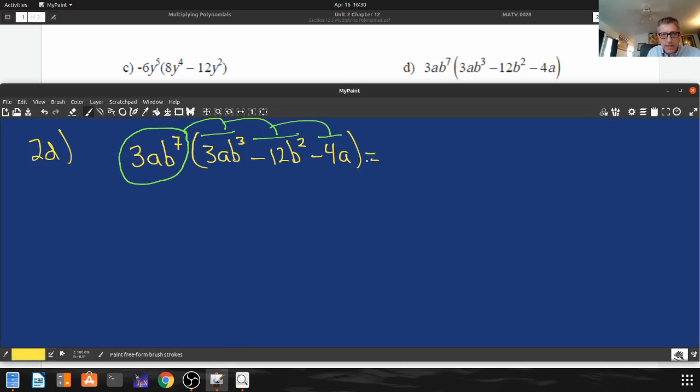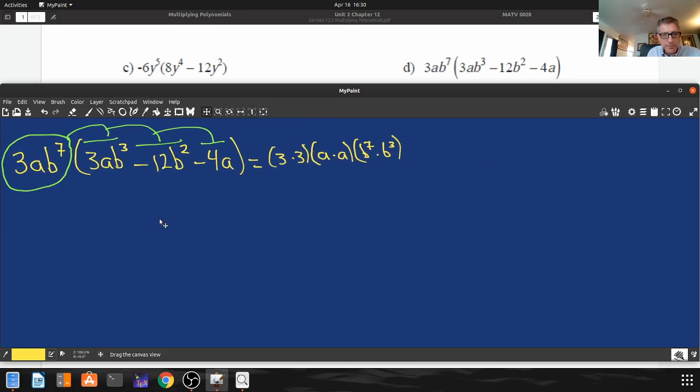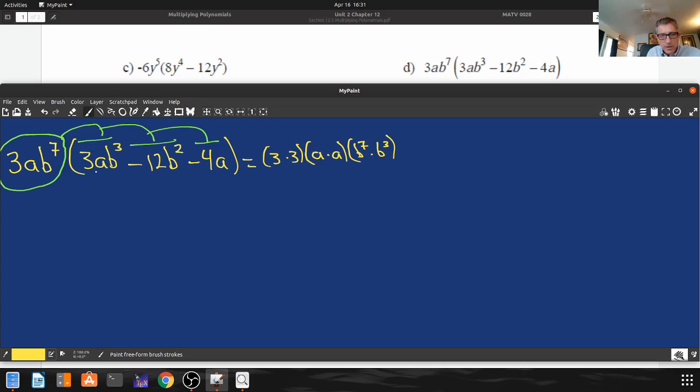So this is going to be equal to, let's look at the coefficient terms, 3 times 3 times a and b to the 7th times b cubed. Then we're going to do 3 times minus 12. So that's the same as minus 3 times 12.